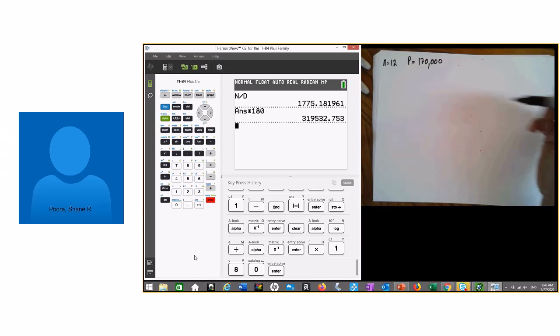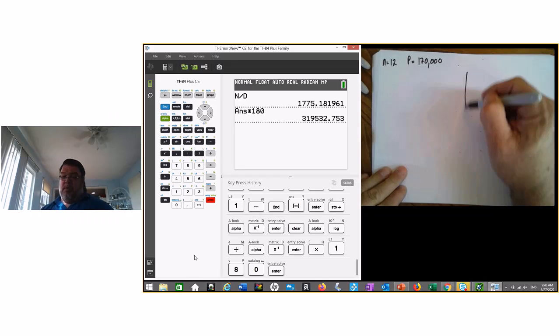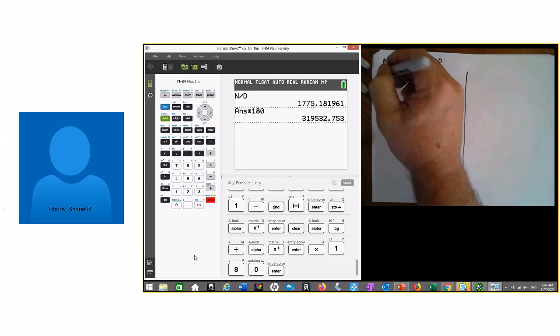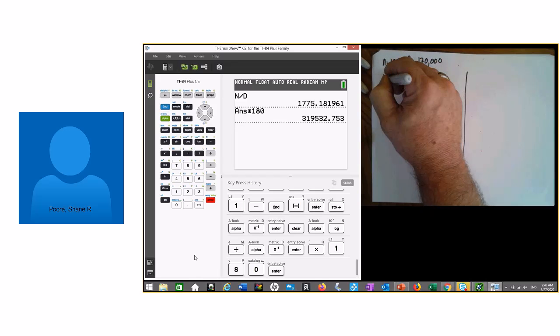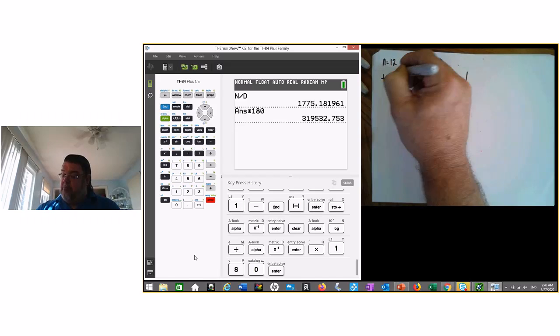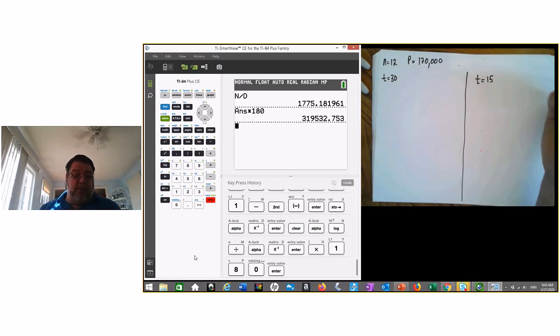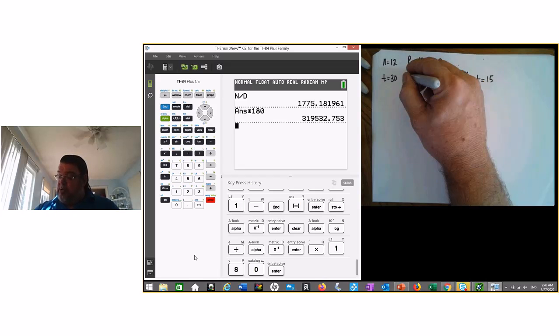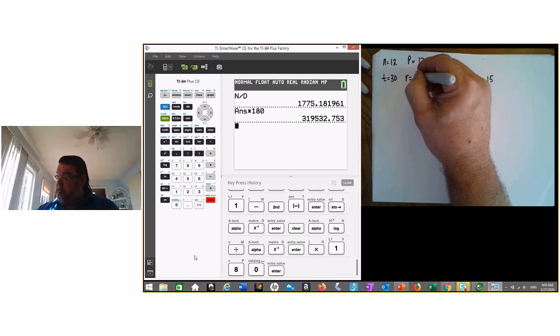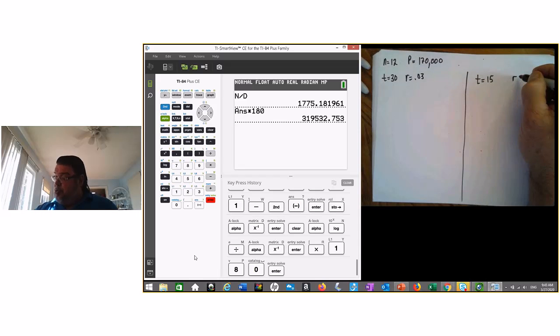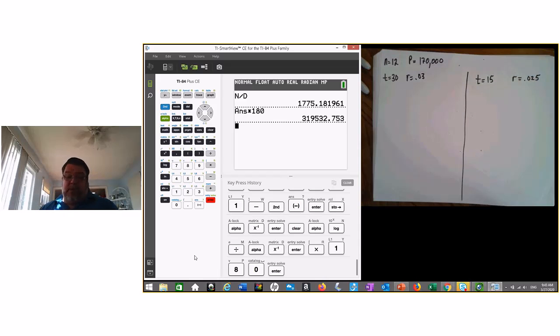I'm going to divide it in half, and T is equal to 30. T is equal to 15. R is equal to 0.03. R is equal to 0.025. I think that's everything. Yep.